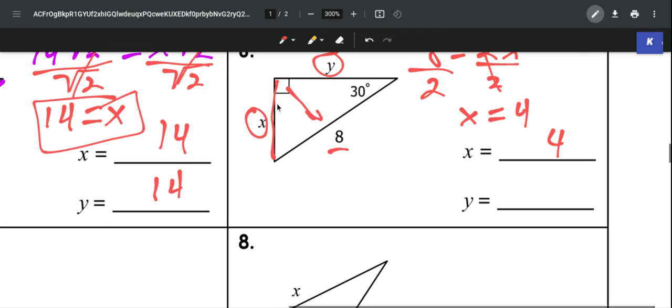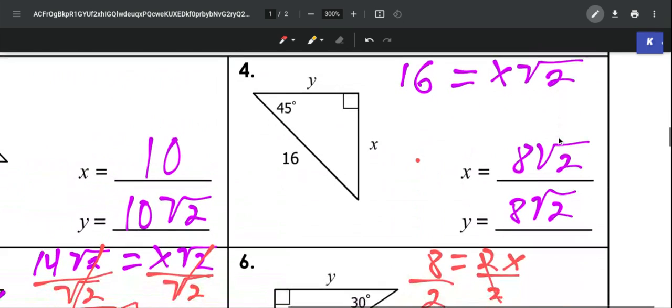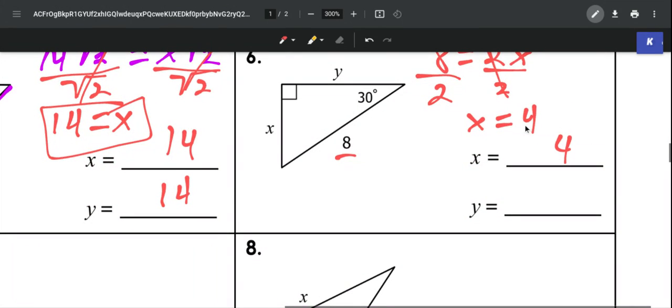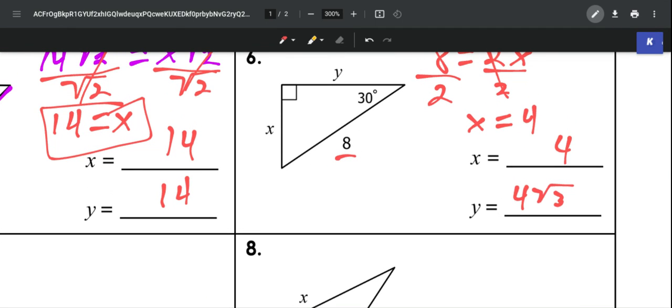Now, our longer leg, which is y here, is going to be x radical 3. We already know that x is equal to 4, so all we have to do here is say 4 radical 3. And that would be your answer.